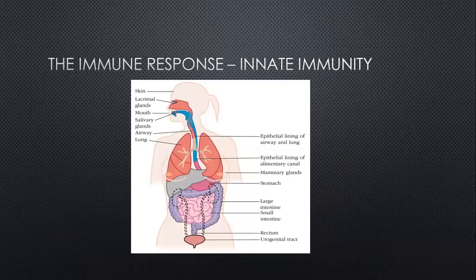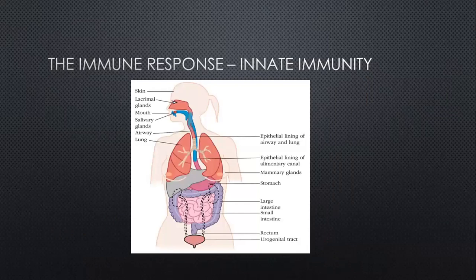Okay, before we get started, we're going to talk a little bit about the innate immunity. That is how we call it, okay? So actually, before we get to talk about the cells related to immunity, we have to talk about the anatomical barriers to infection, to prevent infection.